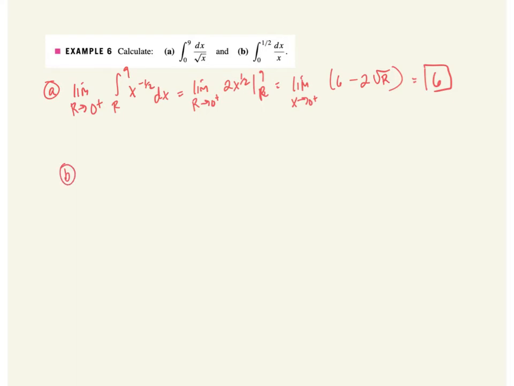So example B, we have the integral from 0 to 1/2 of dx over x. So we're going to do the same thing here. 0 is not allowed, but in this case, we do have, for sure, an asymptote at 0. But because 1/2 is on the right, we're still going to look at the right-hand side of 0.